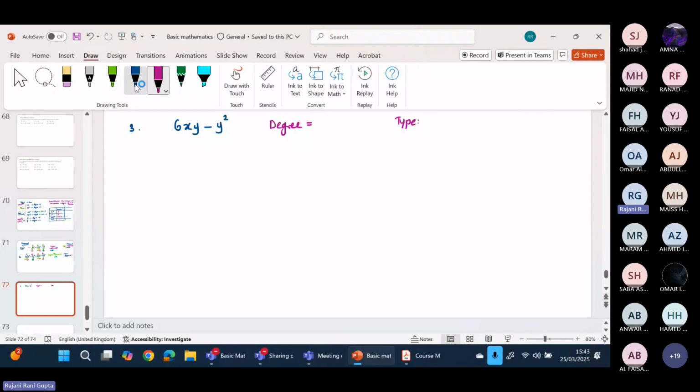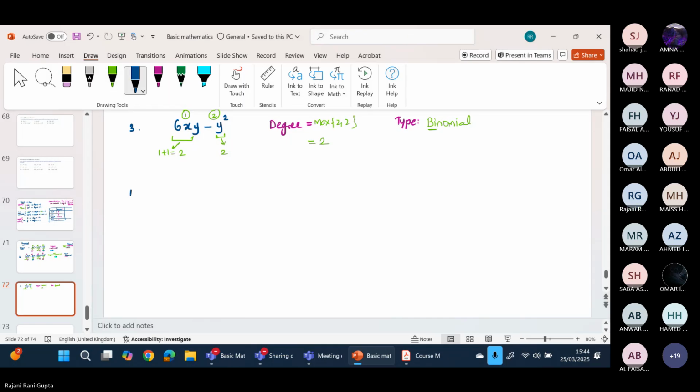Binomial. Bi for 2, because it has 2 terms. For the degree, this term is 1 plus 1, which is 2, and the degree of this term is 2. So the maximum number is 2, so the degree is 2.